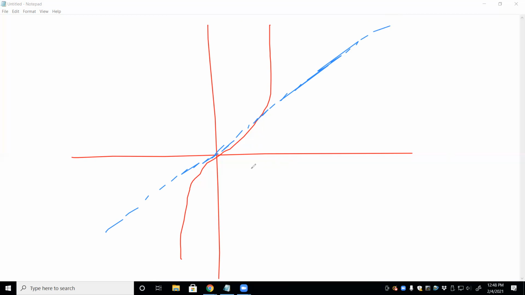And so if I try to draw it in blue, it is going to look exactly like I drew before. So the blue curve is the inverse tangent curve.